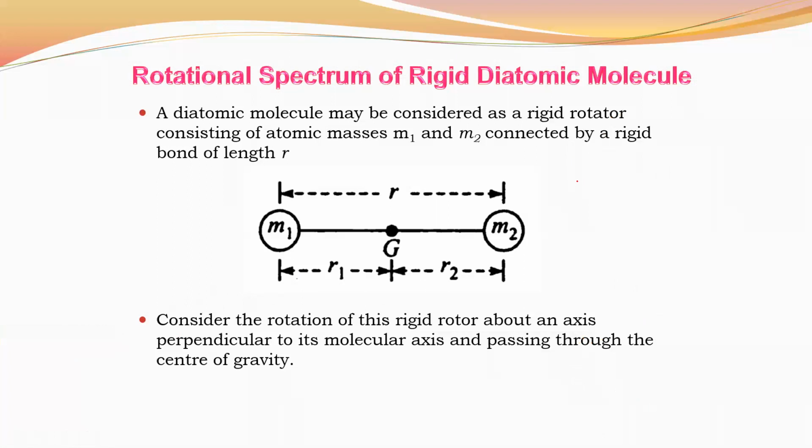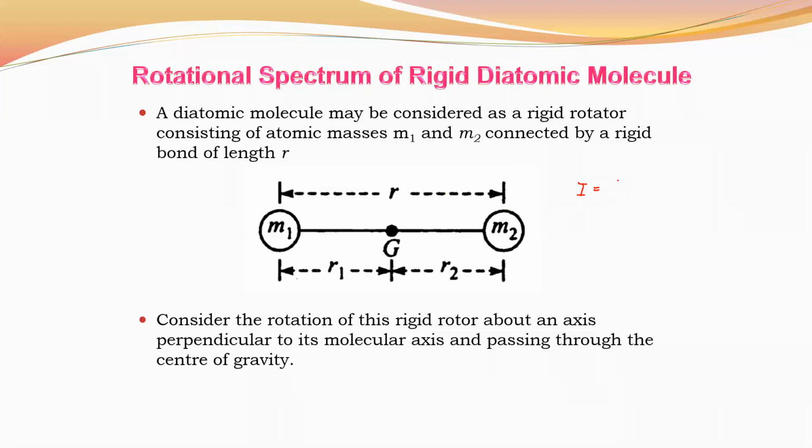First is the moment of inertia of this rotor when rotating about the particular axis. As the axis passes through the center of gravity, the masses are placed at distances r1 and r2.